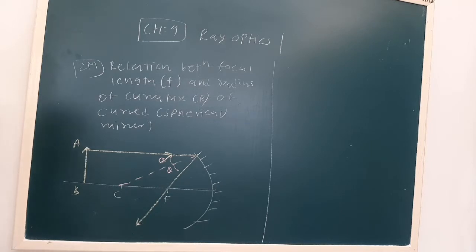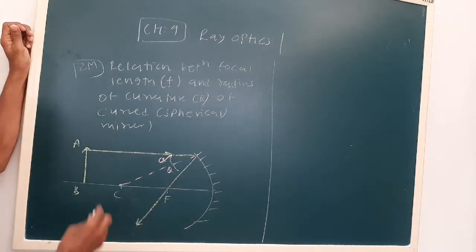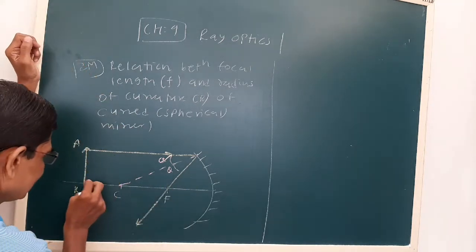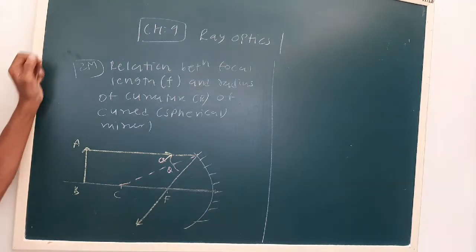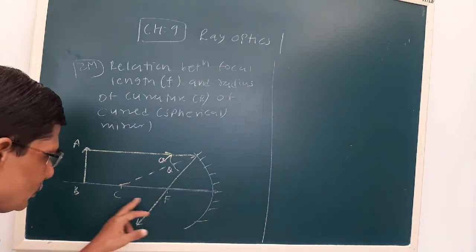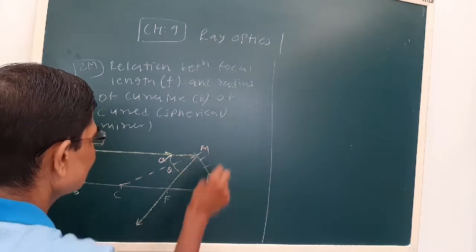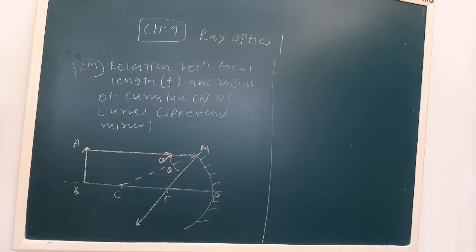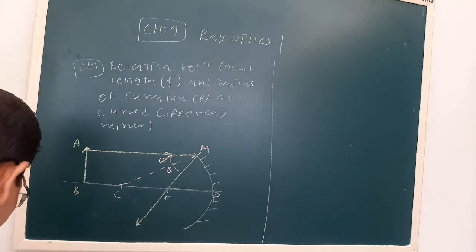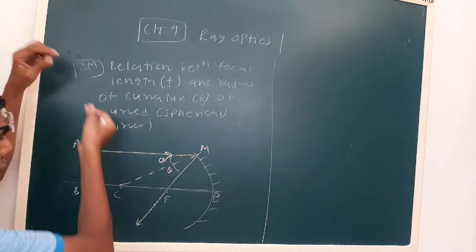Now, the second ray we can consider like this, which passes through F, or it is a paraxial ray, passes through M. Let us say this is M. Now we have to use the laws of reflection here.